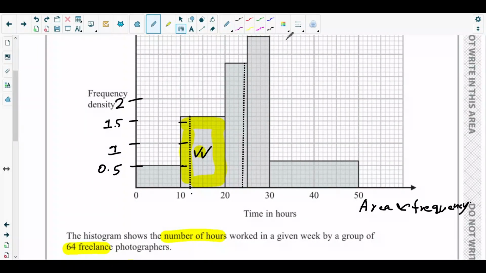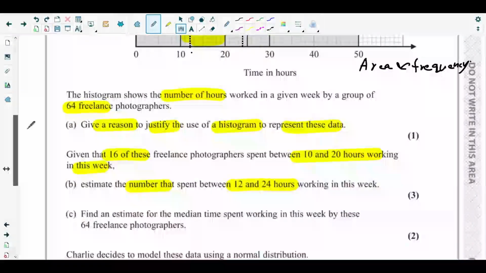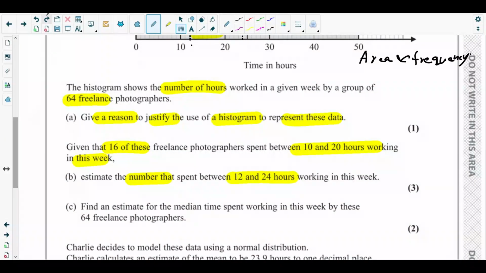Let's have a look. Consider the width from 12 to 20. This is 8, and 8 times the height. This is 1.5, and one small square is 0.1, so the height of the bar is 1.6.